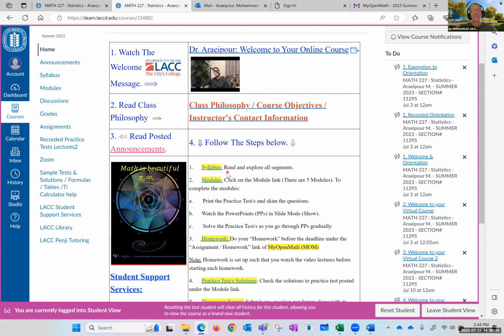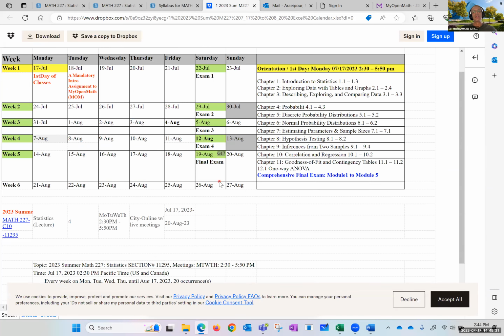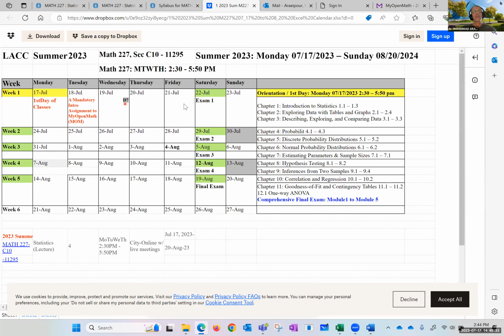let's start with the syllabus. We're going to explore the syllabus. A couple of things we see: the syllabus as well as the calendar. So first, I want to quickly go over the calendar, and that is basically telling us when the exams are due, what we should do to stay at the top of the game and not get behind.